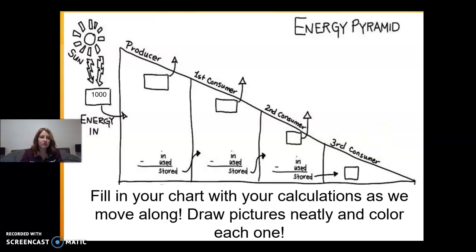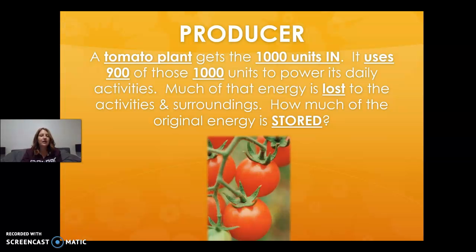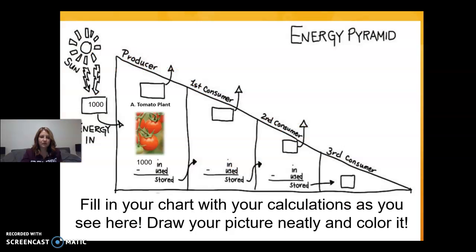So the sun, we're going to say hypothetically, gives in 1,000 units of energy. And we'll say we have a tomato plant as our producer here. The producer will take in the 1,000 units directly from the sun, but it needs to use 90% of that energy for itself. The tomato plant needs to grow and needs to reproduce, so it's going to use 90% of the energy for itself.